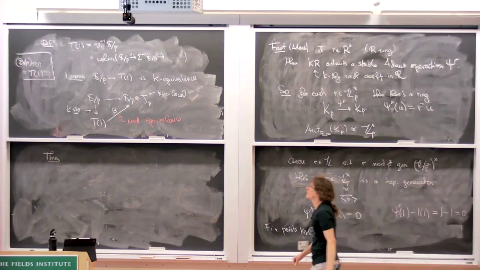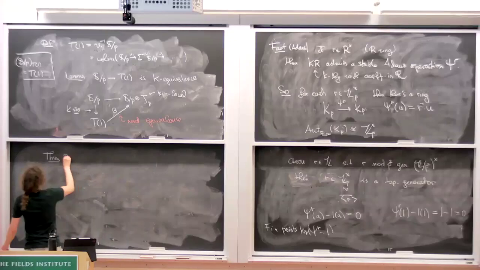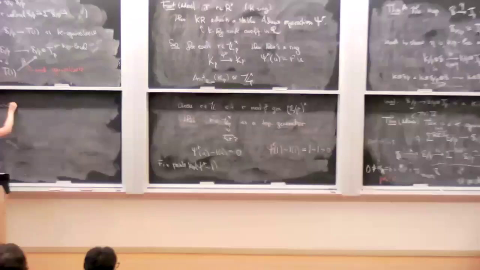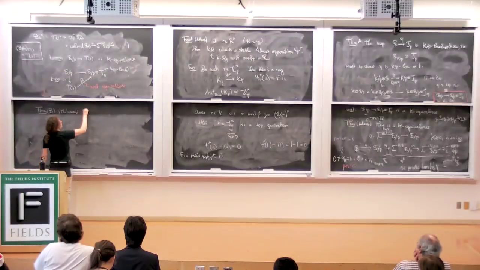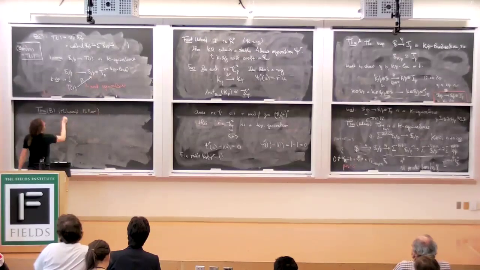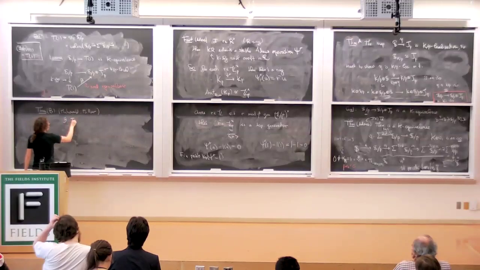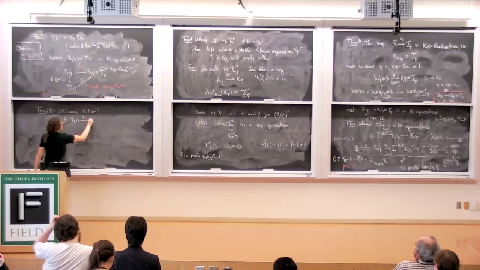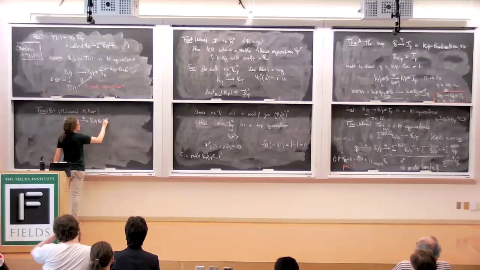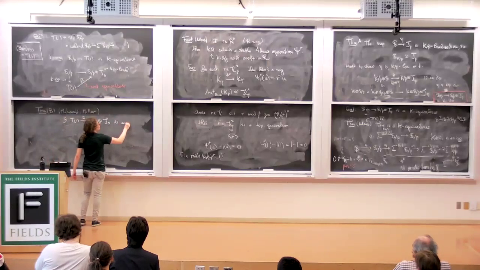Theorem B is that beta is an equivalence. And this is a theorem. At the prime 2, it would be Mahowald. At odd primes, it would be Miller. And it's that beta JP is an equivalence.